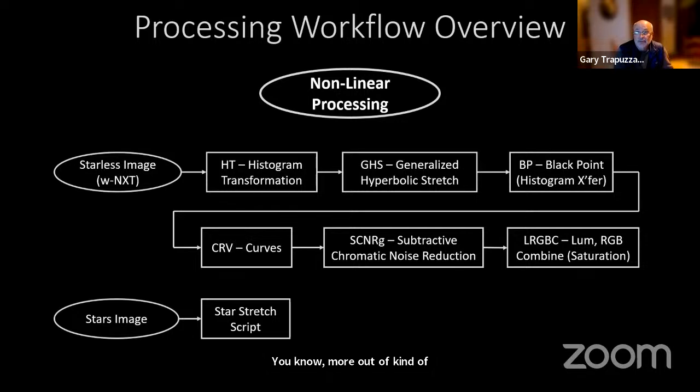I'll then typically do a black point adjustment, and black point to me is an extremely critical step along the way, and should be done as many times as you need to get your histogram back to where it should be in terms of a working position or sweet spot.